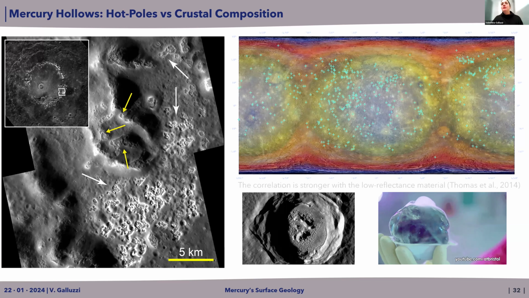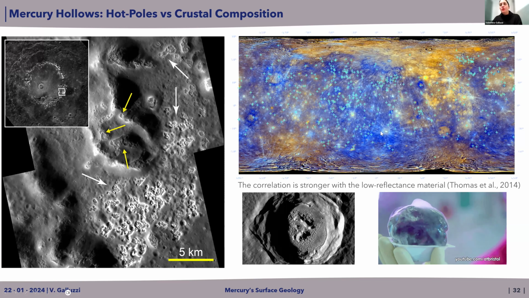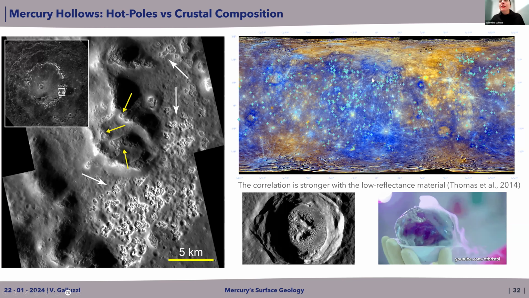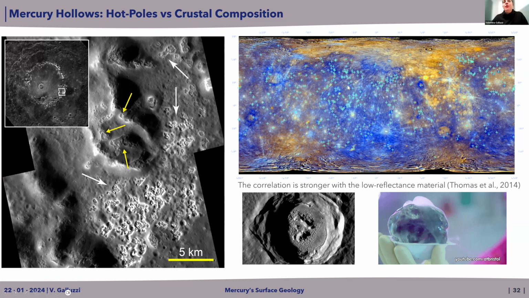But there seems to be a correlation, not so precise, with the low reflectance materials. So there is probably an interplay between the radiation of the sun and the composition of the surface.